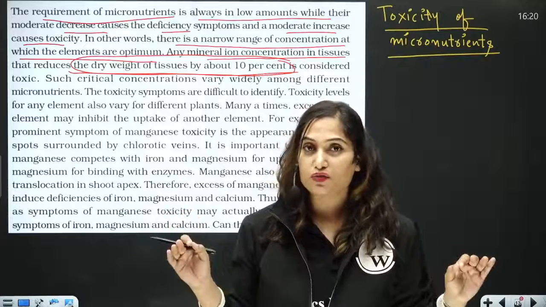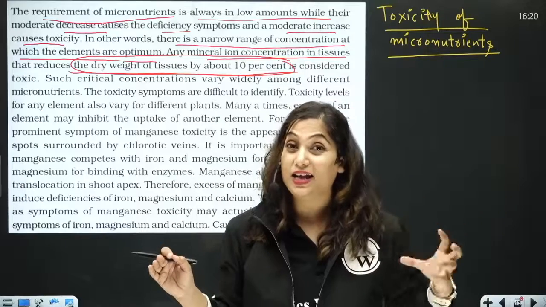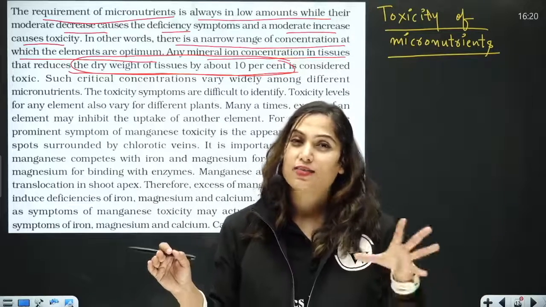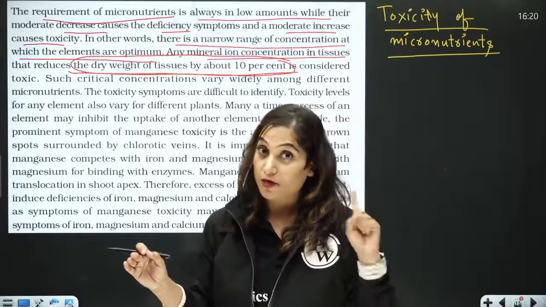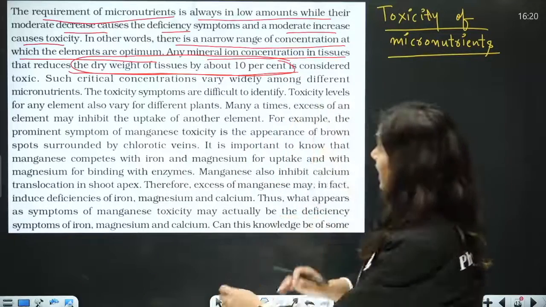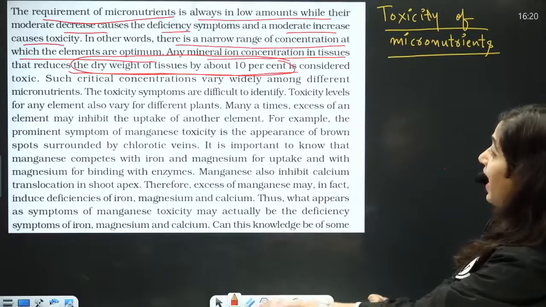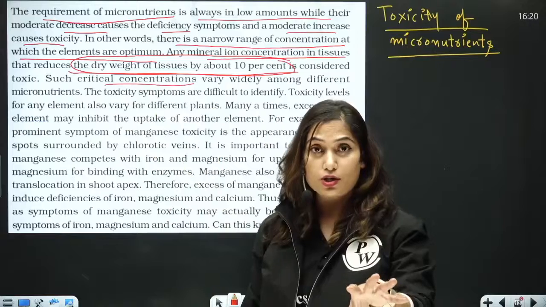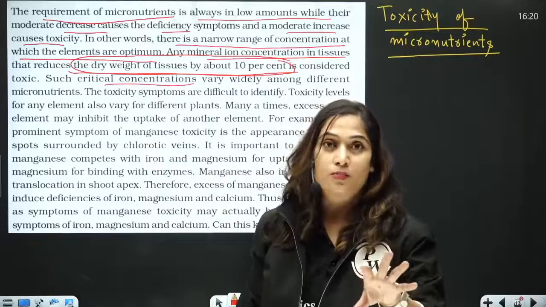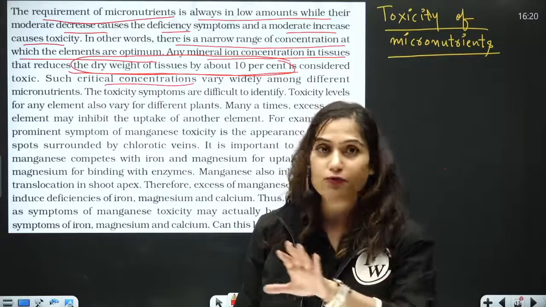If the dry weight of the plant gets reduced by 10%, that means that plant is suffering from toxicity of micronutrient. Very important line. Then, this critical concentration at which a particular micronutrient becomes toxic is different for different elements, right?